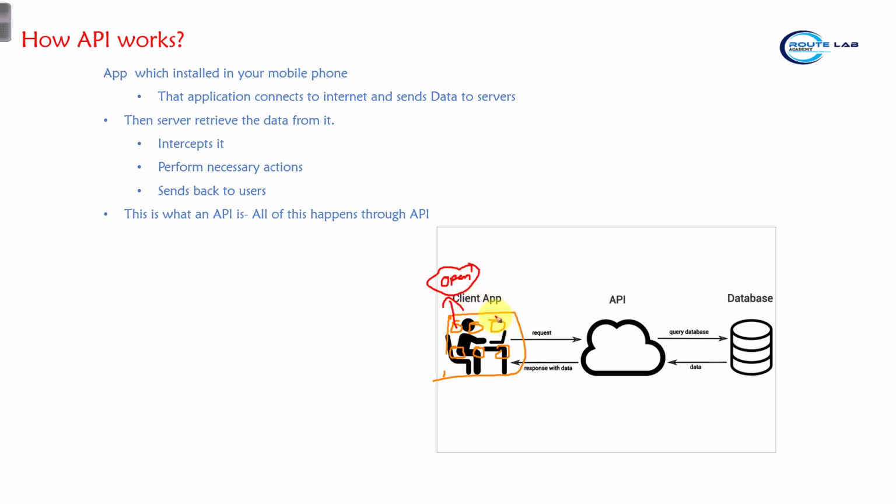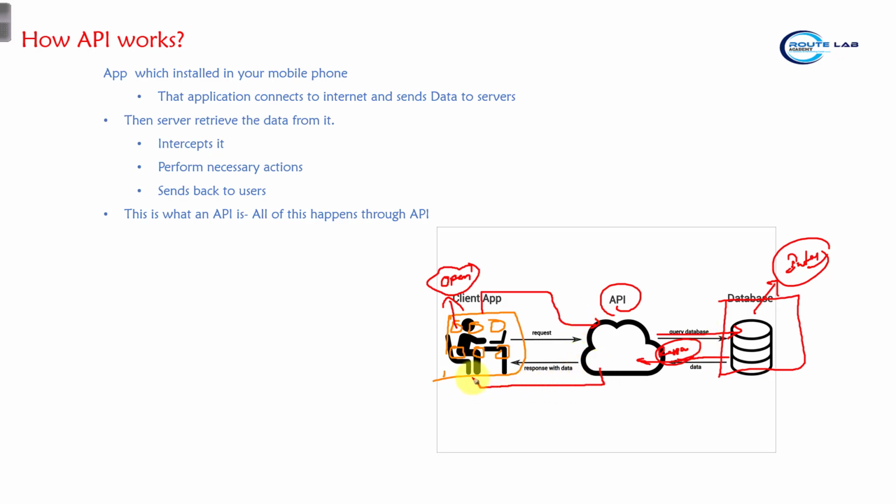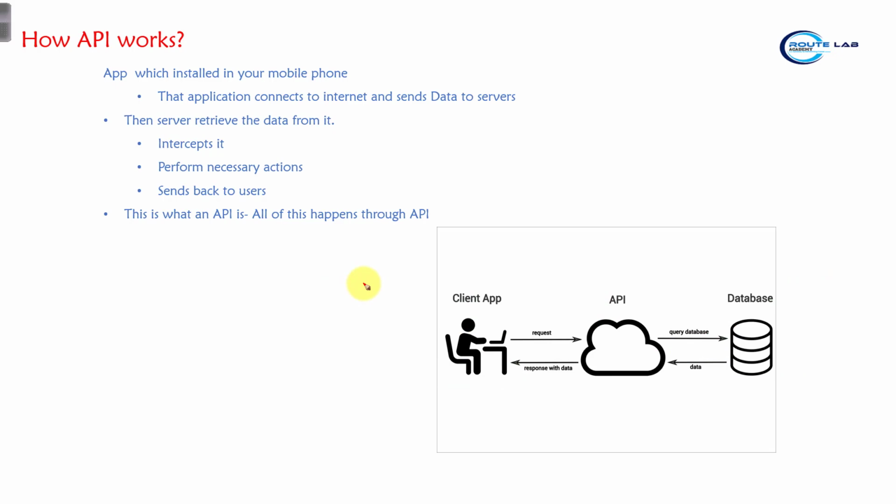It is going to send the request to your API, and the API is going to send the query to the database, which resides somewhere, or your server, where you have the information. This information is sent back to your API, which is nothing but the response. And again, this API is responsible for delivering that information to the end user, what you are trying to access. Whenever it is sent to the end user, it is going to be in a readable format that the user can understand.